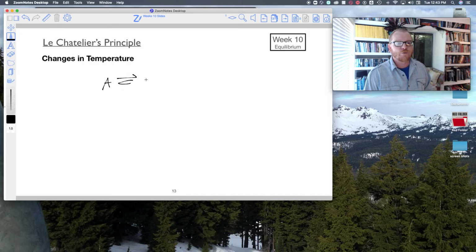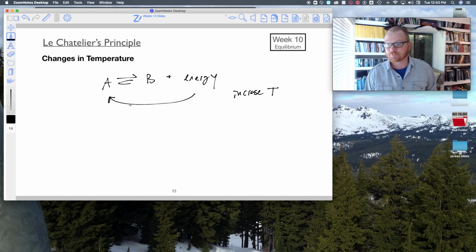And so, for example, if I have an exothermic reaction, as indicated right here, if I increase the temperature, it's like I'm adding more products, right? And that's going to make the reaction favor the reactants, right? Okay, so that's why if I decrease the temperature, if I have a low temperature in an exothermic reaction, we know that it's going to favor products, okay?